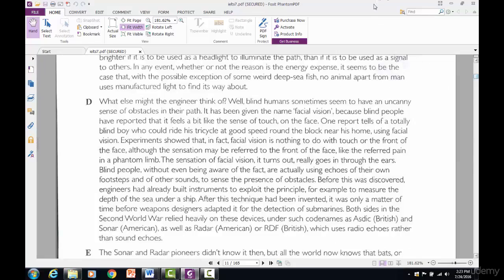There it is right there. Facial vision. All right, there it is. Paragraph D. Paragraph D, we see it in quotations, facial vision. All right, we see it right there, facial vision. So this is my starting point.